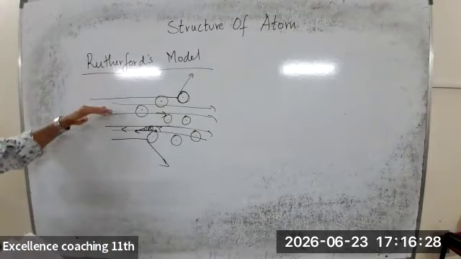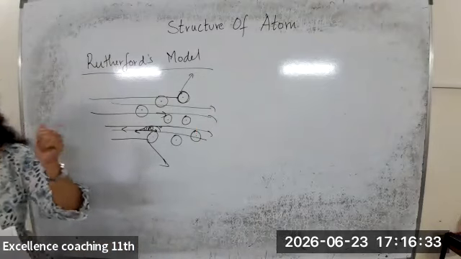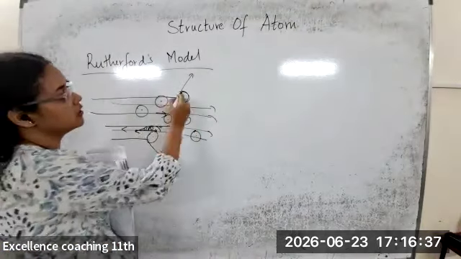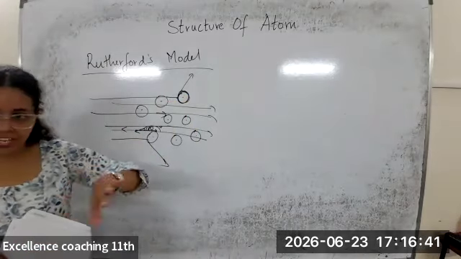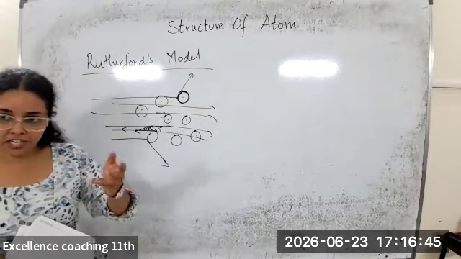Why repulsion? Because alpha particles, as he considered, are positively charged, right? And suppose the gold foils also contain positive charge.